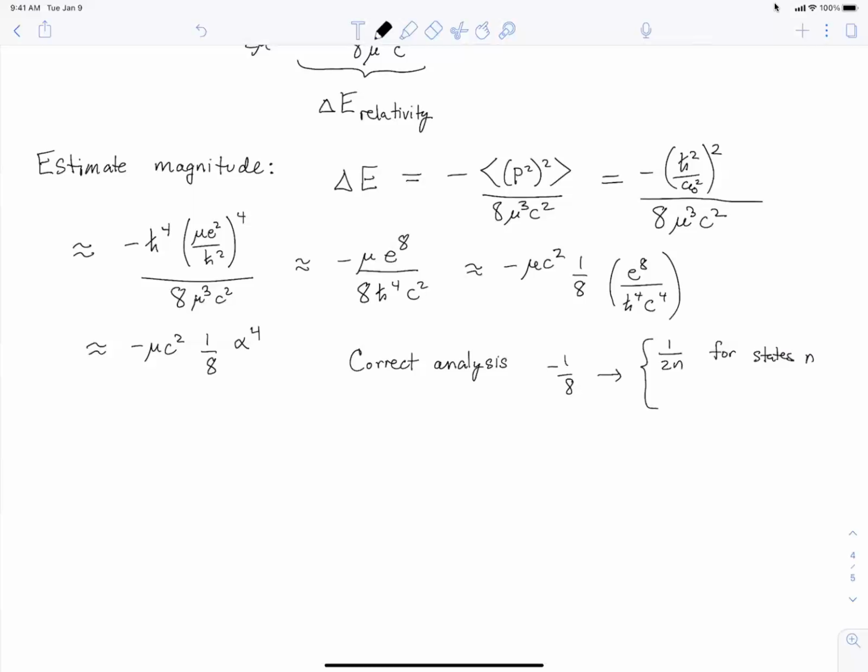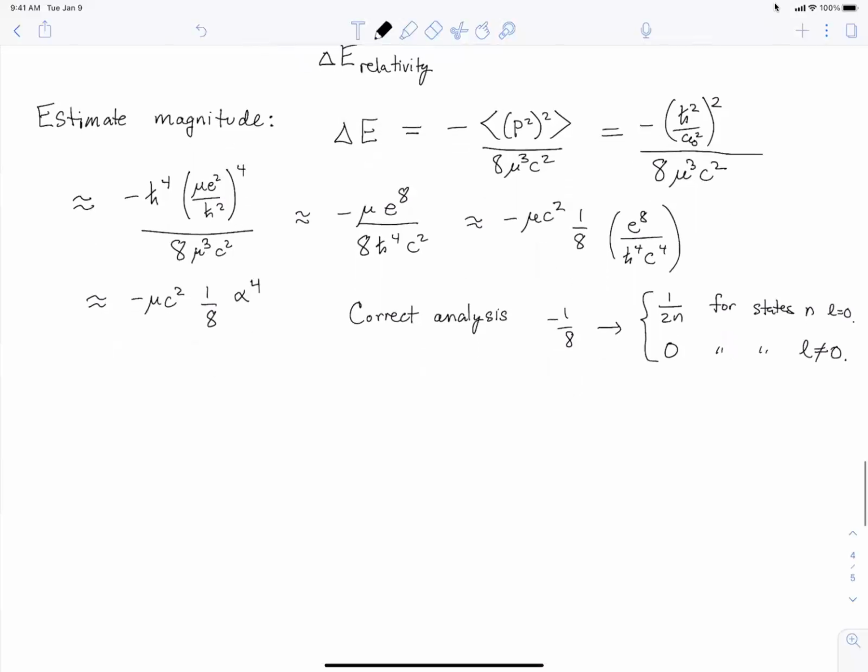And that's true if L is 0, in other words, if it has 0 angular momentum. And then the same thing turns out to be 0 for states with L not equal to 0. So it just so happens that for non-zero angular momentum, you don't get this correction.